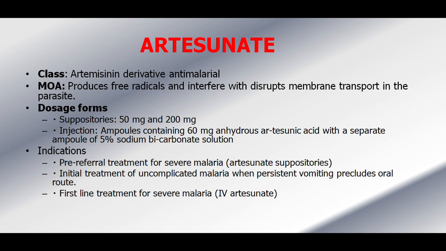So next we have artesunate, which is a very common drug in practice. It belongs to the class of artemisinin derivative antimalarials. In its mechanism of action, it produces free radicals and interferes with or disrupts membrane transport in the parasite.